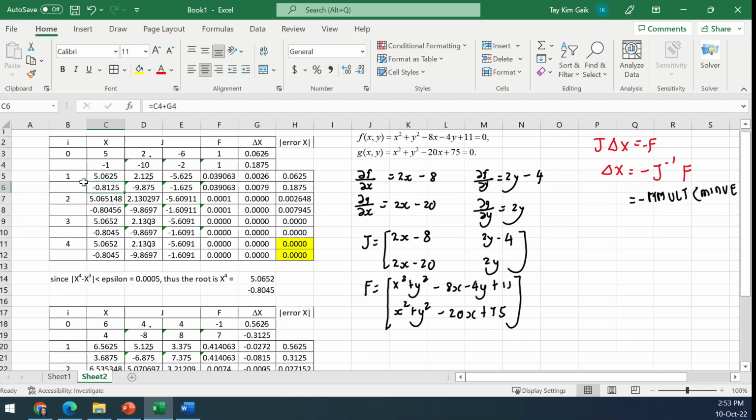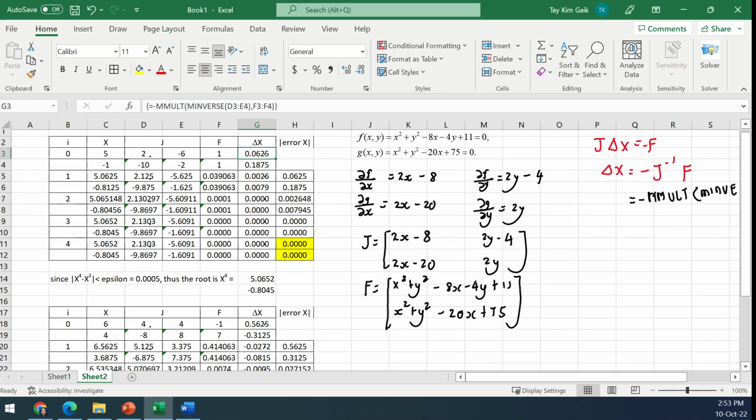And once you want to find the delta x, you need to define and enter your matrix back again, which is more troublesome. So using Microsoft Excel is much easier and faster.